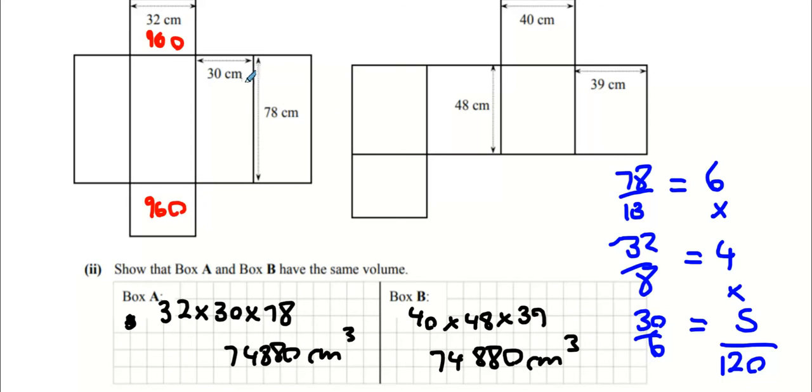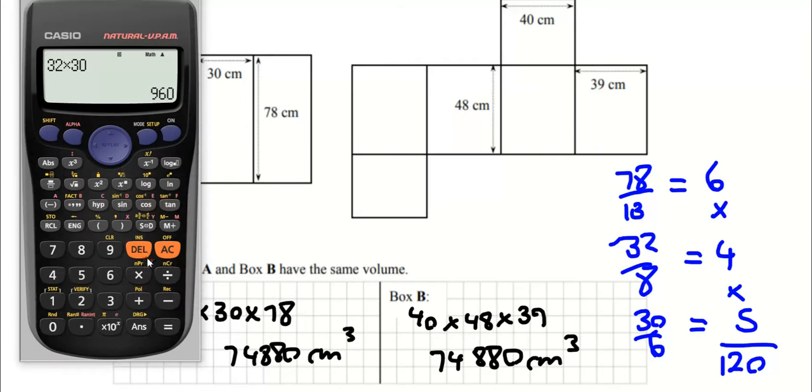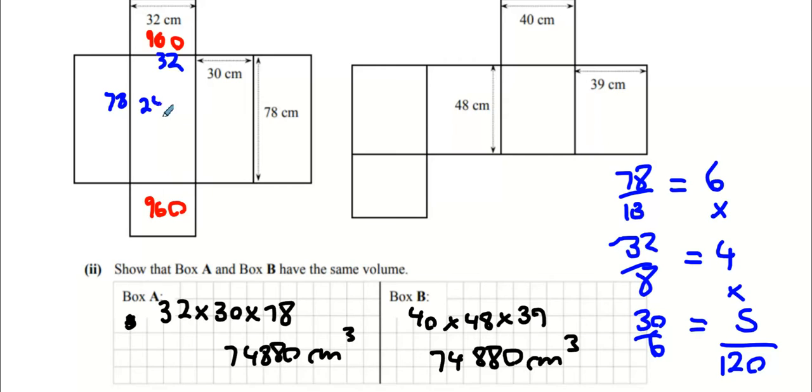Then we've got this one, which is 78 and 32. So 78 multiplied by 32 is 2,496. So this one's also 2,496.